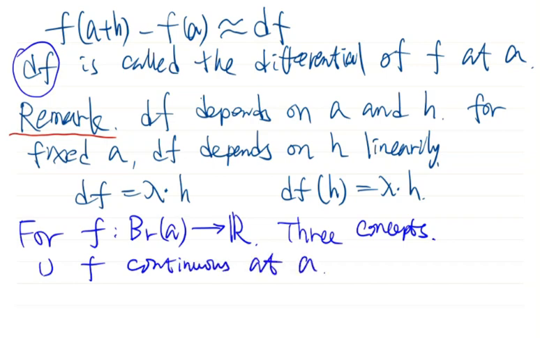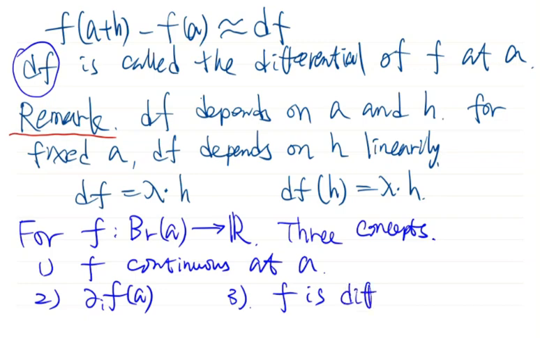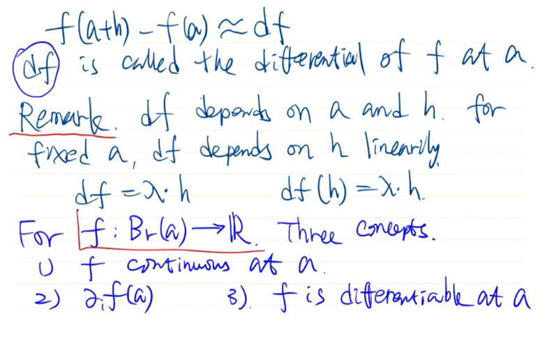This is a property. The second is the partial derivative of f at a. The third is f is differentiable. We just introduced the differentiability, right? So these are three basic topics about a function defined near the point a.